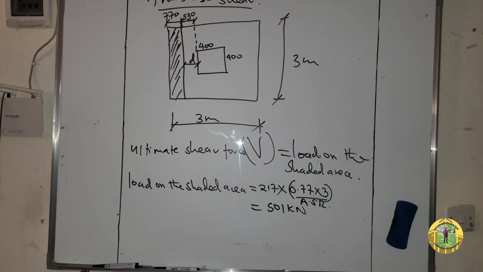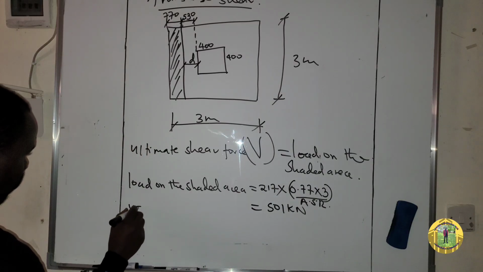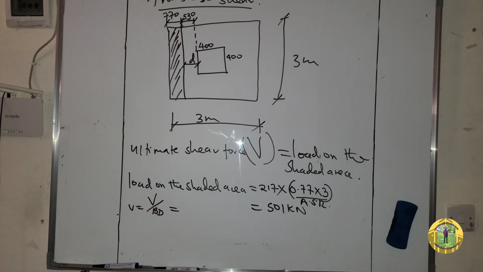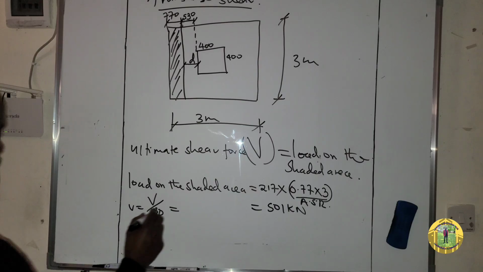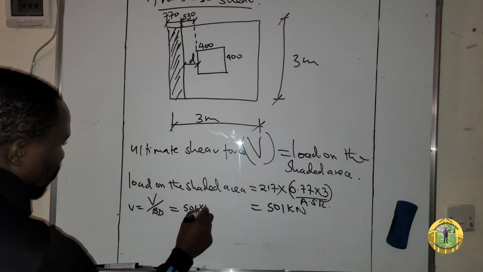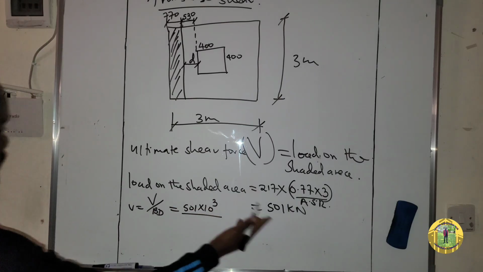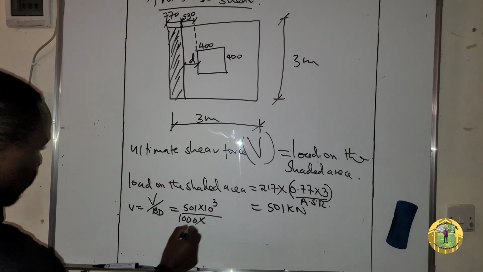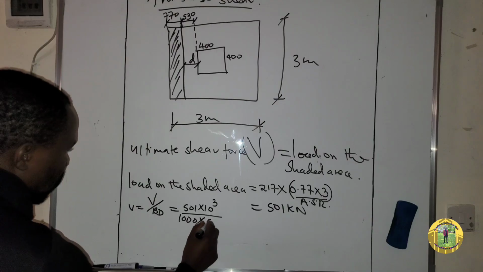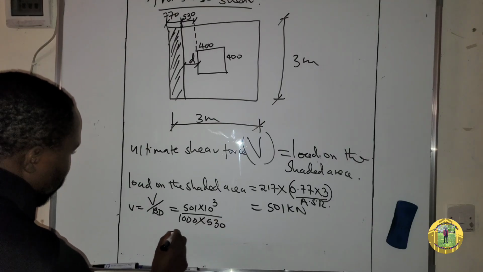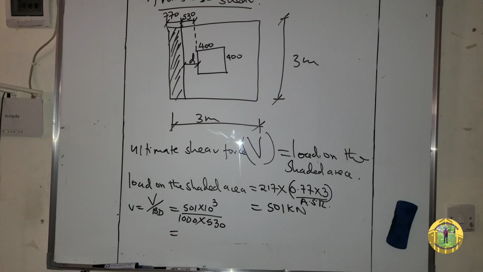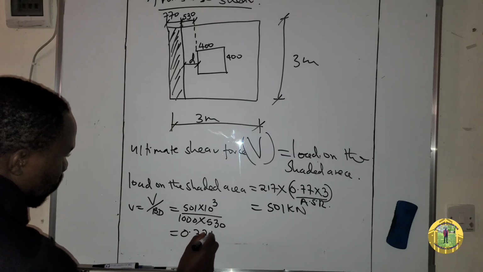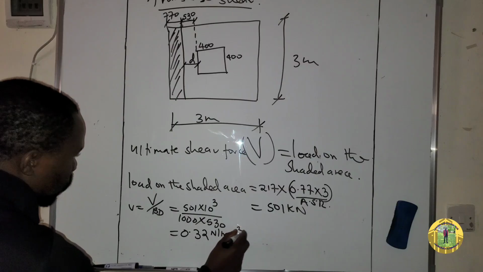So the shear stress v is equal to V over bd. This is equal to 501 times 10 raised to the power 3, changing from kilonewton to newton, over b, which is 1,000, times d, which is 530. So this is equal to 0.32 Newton per millimeter square.